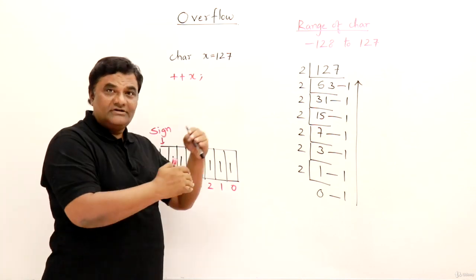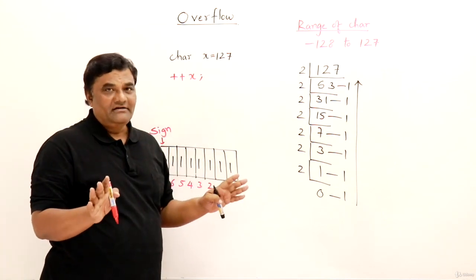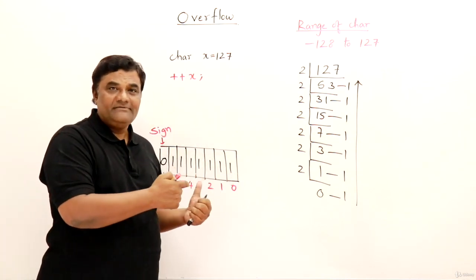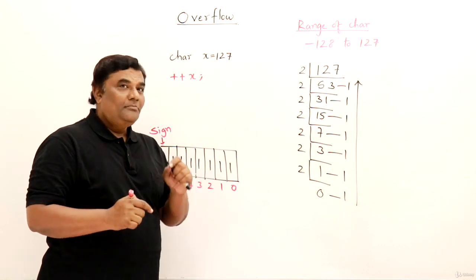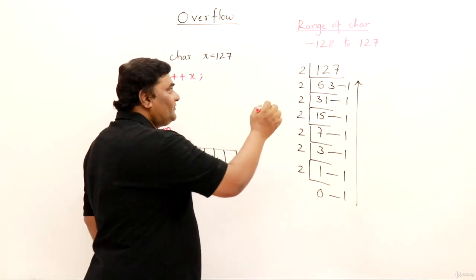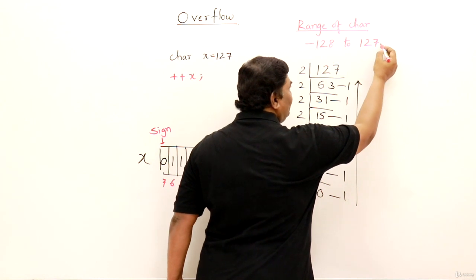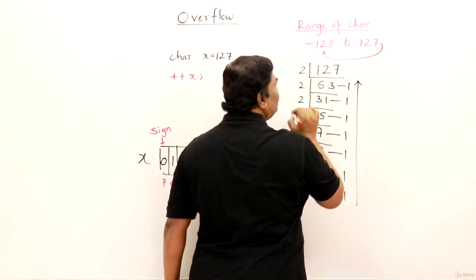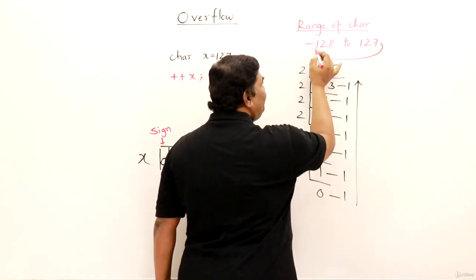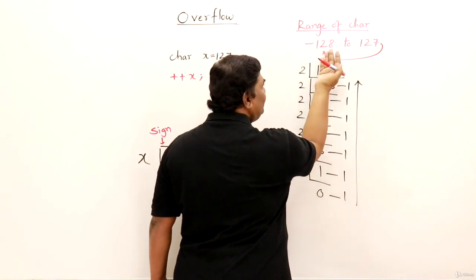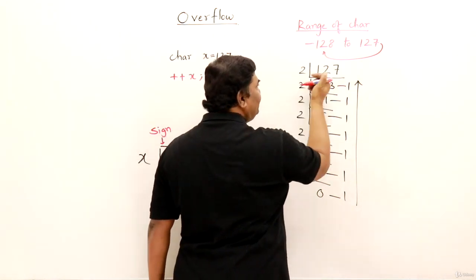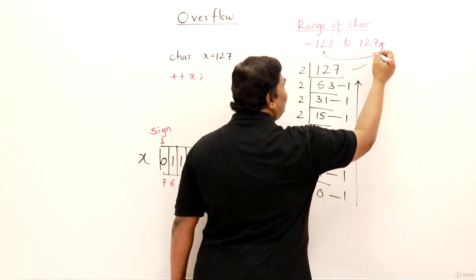It will try to go to the next value, which is not there. So what happens to the data? This will become minus 128. When you try to cross beyond this value, it will come down to this one. And vice versa: if it is minus 128 and you try to decrease it by 1, it will go to 127.